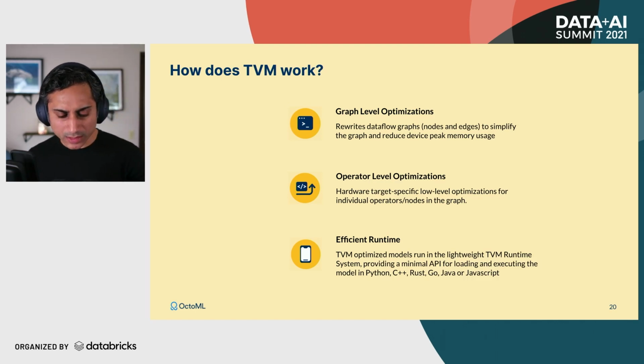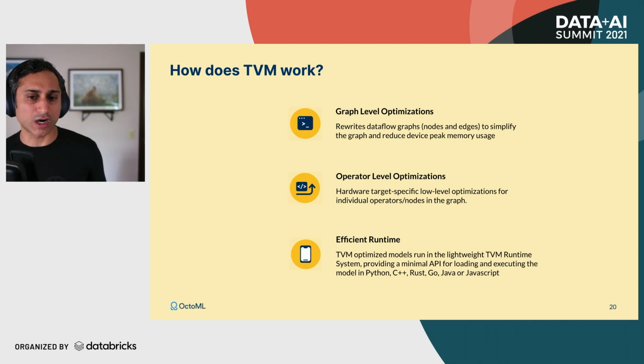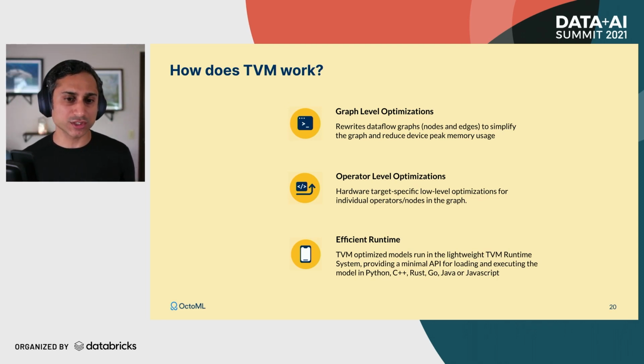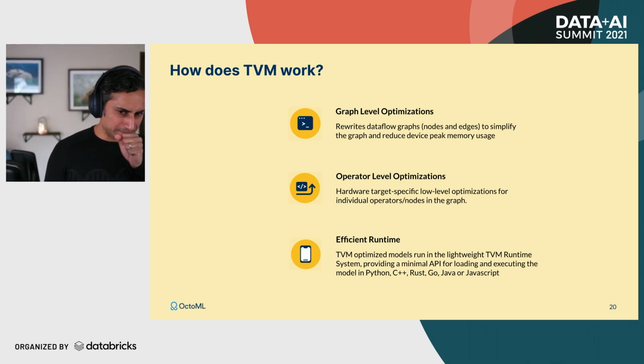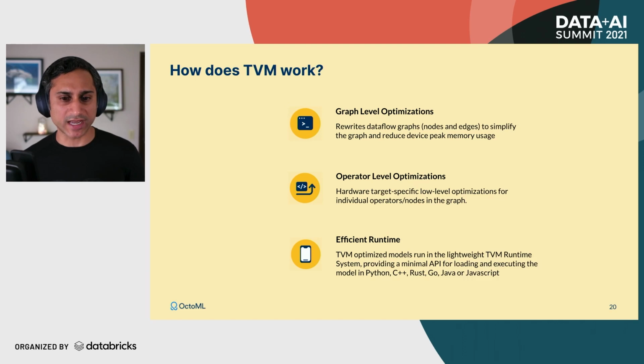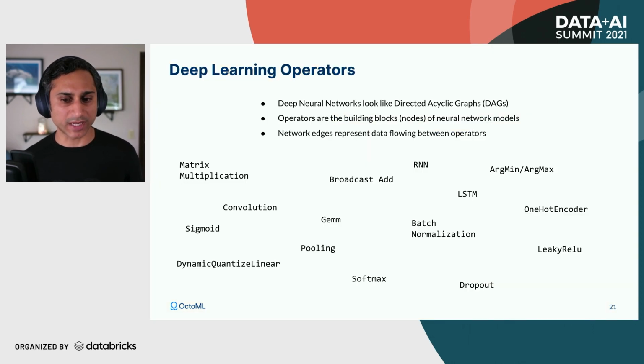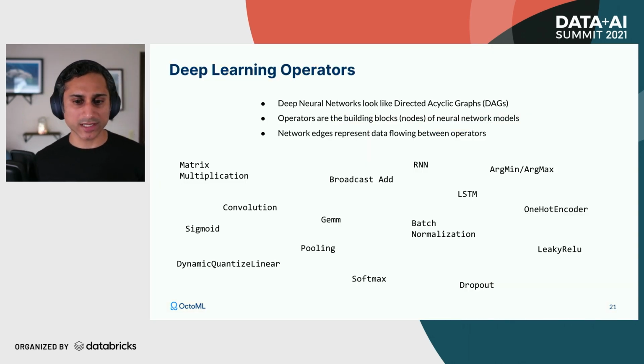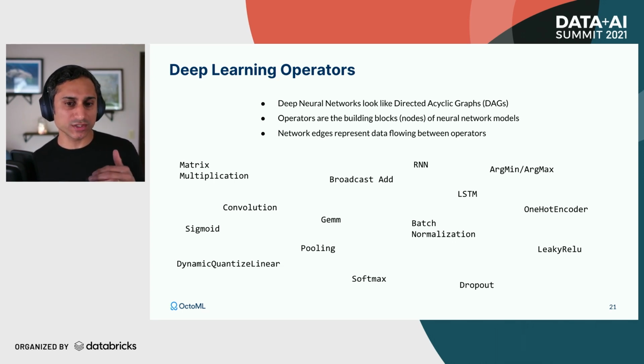So I mentioned that TVM does operator level optimizations. This is what operators are in neural networks. These are essentially the nodes in your neural network DAG, right? Things like matrix multiply, convolution, pooling, softmax, dropout, LSTM, RNN, batch normalization. The edges between these operators or nodes represent the data flow moving between the operators.